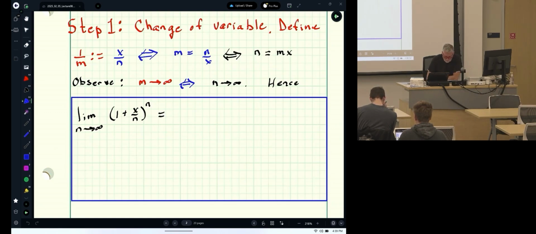Okay, let's get started. So the limit is going to be continued, and there's going to be a parentheses, and we're not modifying the 1. So for the x over n, we're putting 1 over m. And then for n, we have m times x.